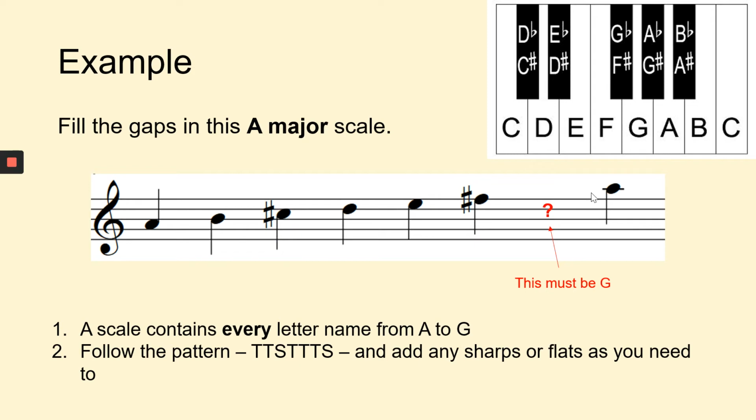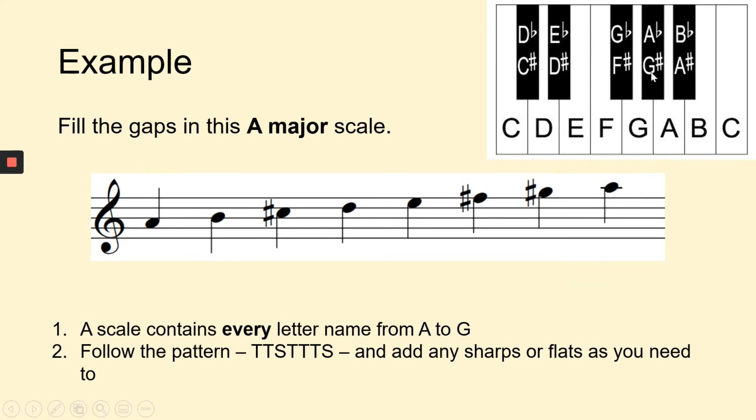We go up another tone, which gives us the F sharp. We then have to go up another tone. So starting at F sharp, we go 1, 2. This gives us either A flat or G sharp, but we know it has to be a G, so it's going to be a G sharp. And then we get back to A.